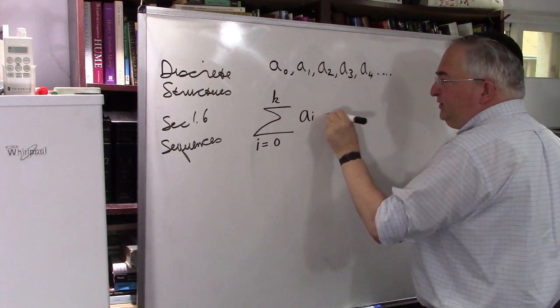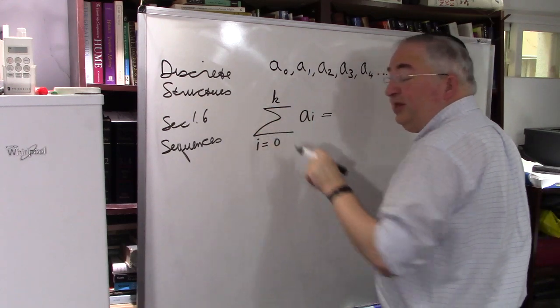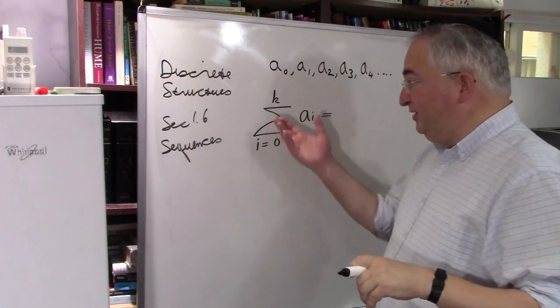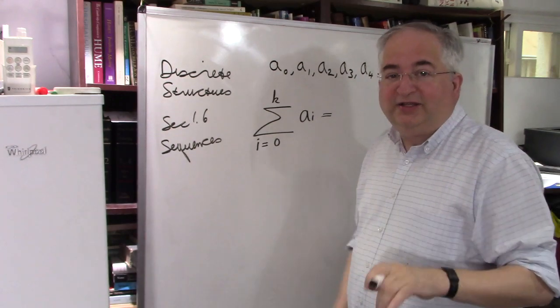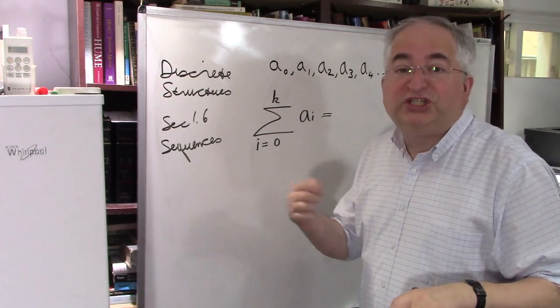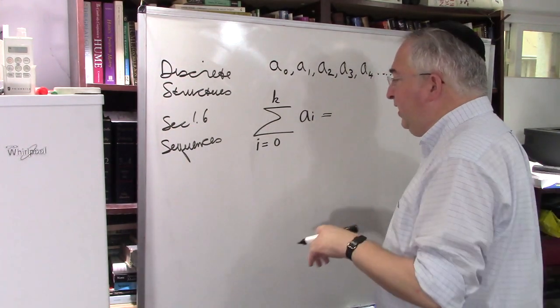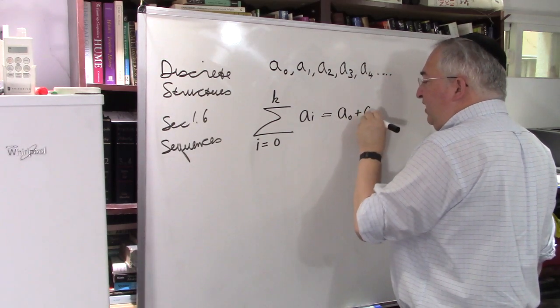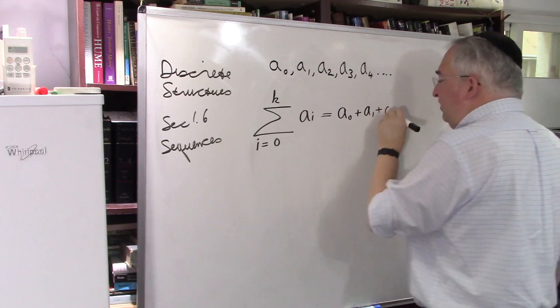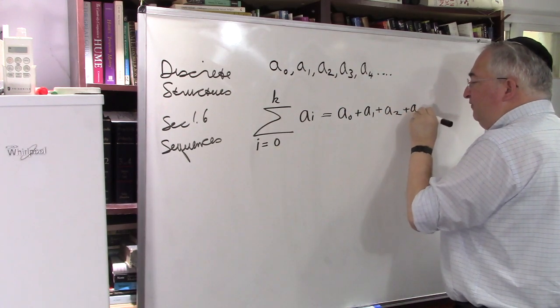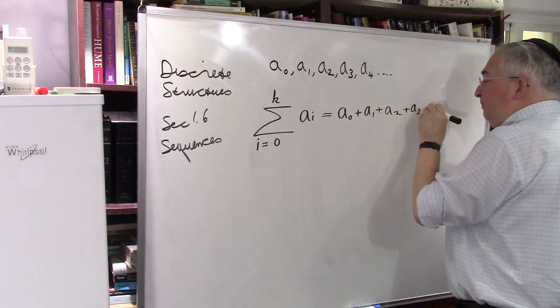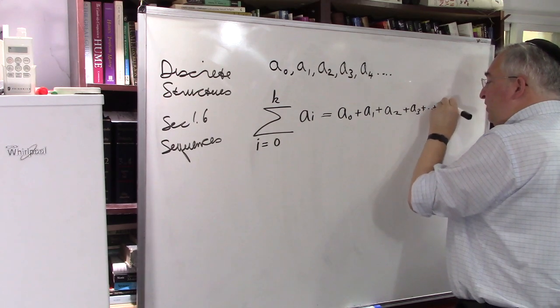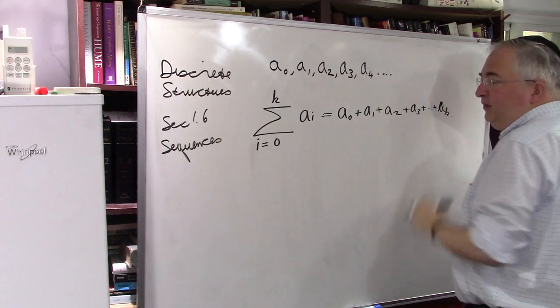What this means is, so this is a Greek letter sigma. Yes, it means alphabet, but not in this context. Here it means sigma for the word sum. Add them up. Okay? And so this is equal to A of 0 plus A of 1 plus A of 2 plus A of 3 dot dot dot plus A of K. Okay?